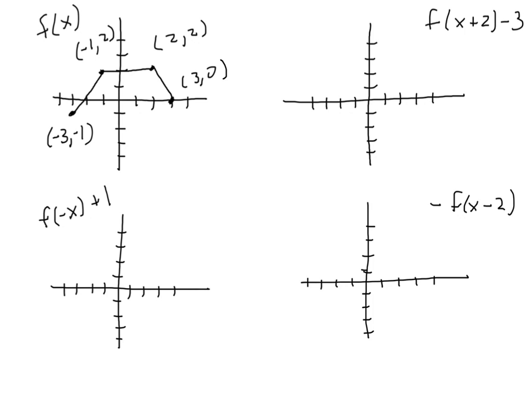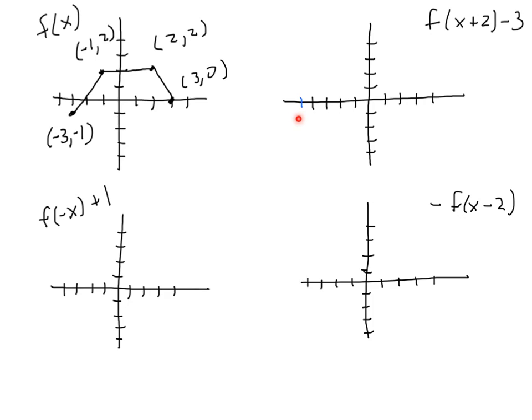So let's start out with the point at (-3, -1). When I go through, I'm going to move it to the left 2 units. So if I start out at (-3, -1), I'm right there, I'm going to move it to the left 2 units, so 1, 2.